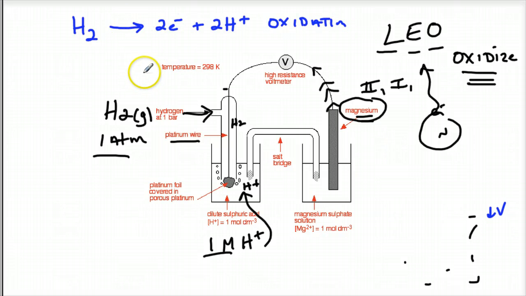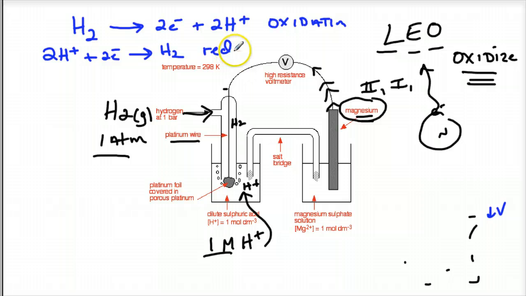And the second thing that could happen is pretty much the opposite. The H plus that's in the solution already could gain two electrons and make hydrogen. And of course that's a reduction, because our charge is going down, getting reduced because we're accepting electrons. So there are certainly two things that could happen here. The question is, which one occurs?